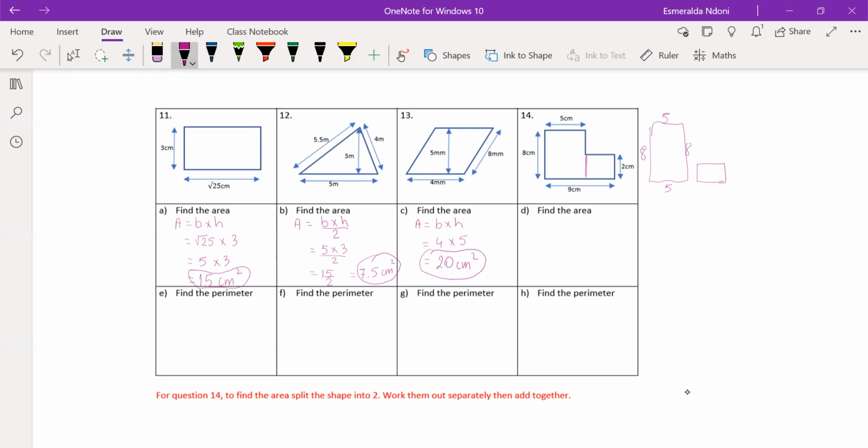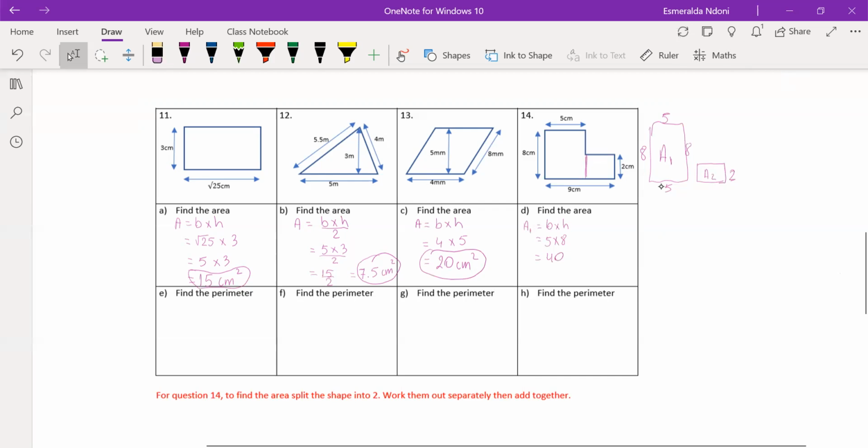So area, base times height of the rectangle. Area 1 is base times height, which is 5 times 8, which is 40. So this is area 1. Let's work out this little area 2 here now. We have a height of 2. We can see that from the diagram.